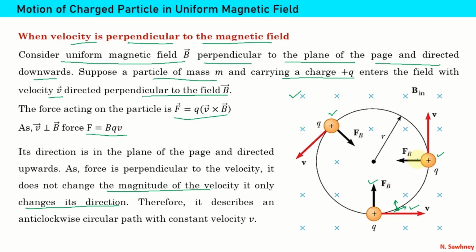If we look carefully, this force is always directed inwards like this. That means it is directed towards the center of the circle. So it is acting as a centripetal force.